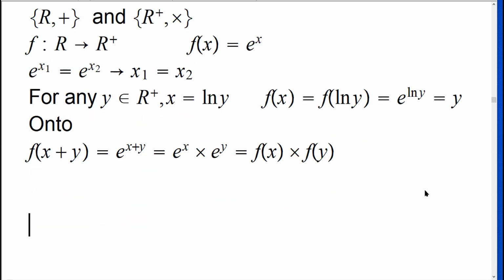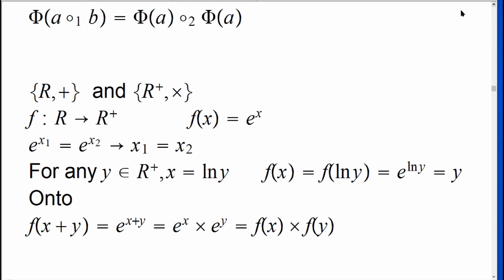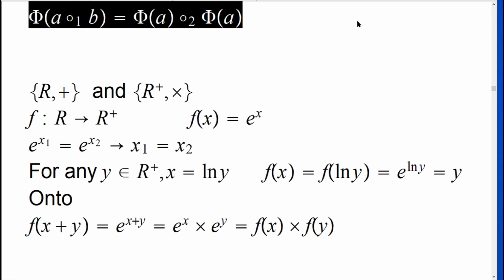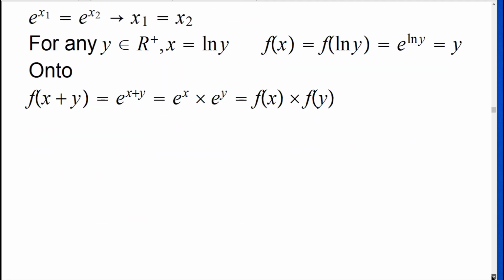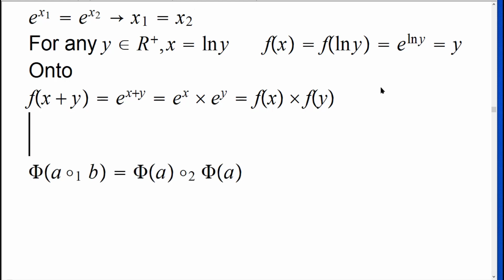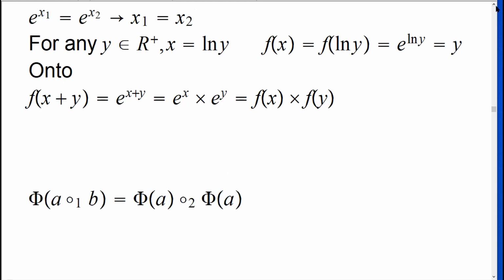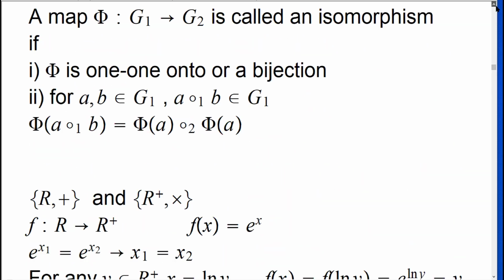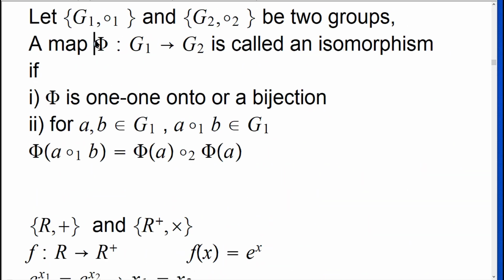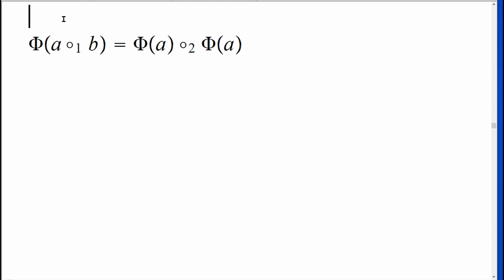And this isomorphism, especially because of being 1-1, onto, and having this property, satisfies many nice conditions. For instance, one second, let me bring in this notation: we have a phi from G1 to G2, and the operations are O1 and O2.